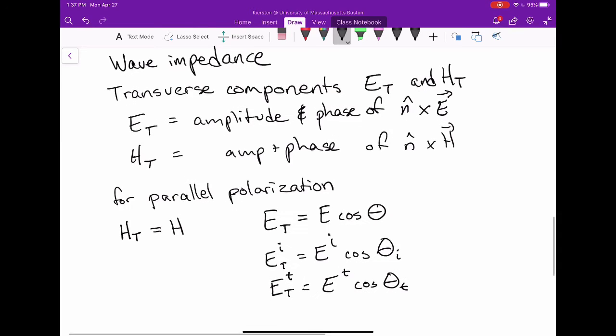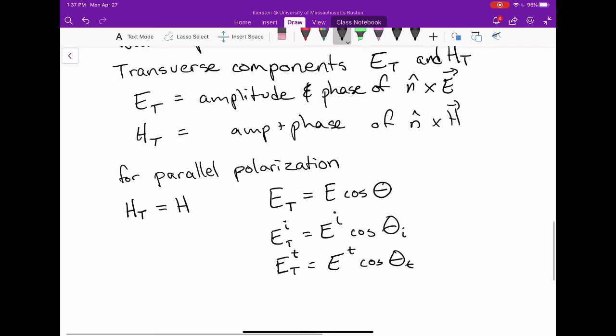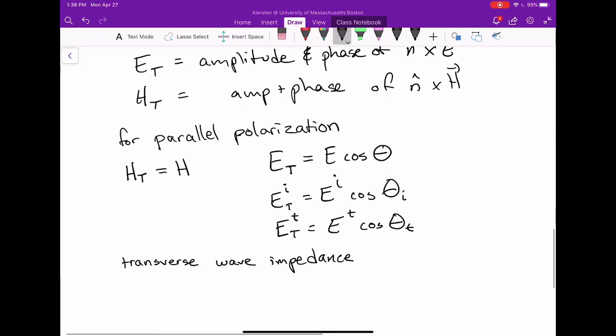So if we define this transverse wave impedance, that would be ET over HT. And you can see how this depends on the direction of propagation. It depends on the incidence angle.